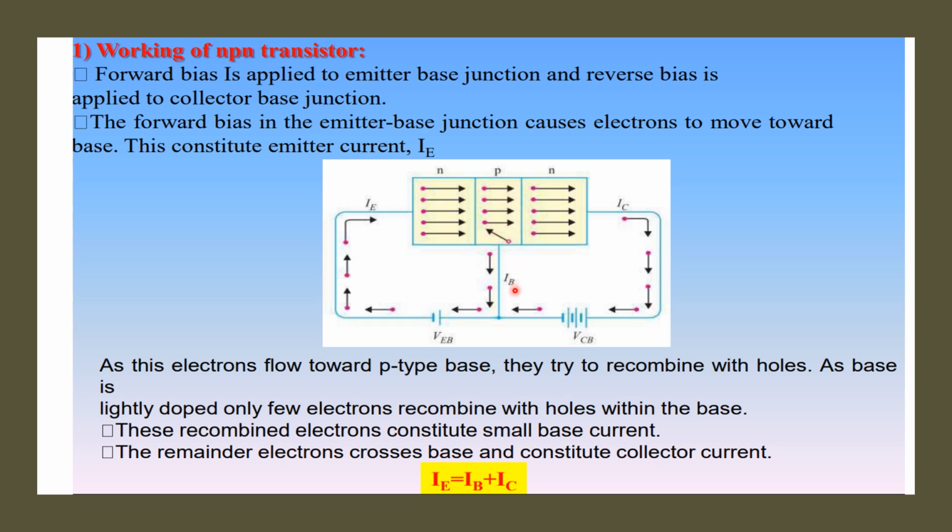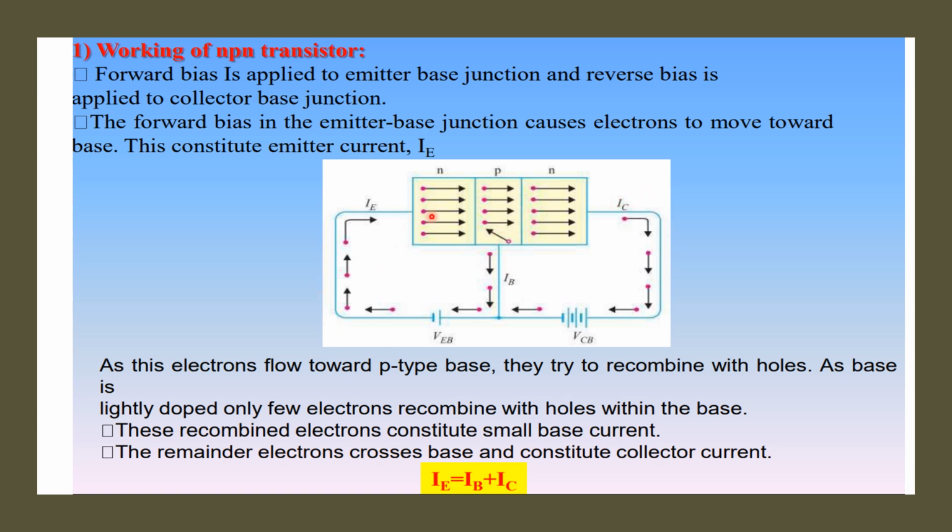The remaining electrons coming from the emitter, very few recombine in the base. After that they move towards the collector. This constitutes the emitter current IE, base current IB, and the collector current IC.